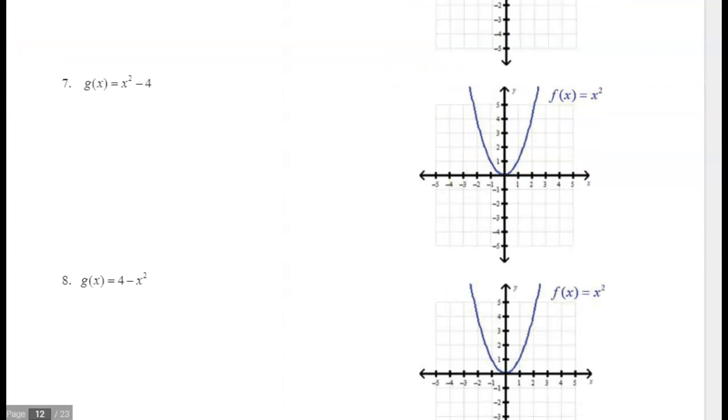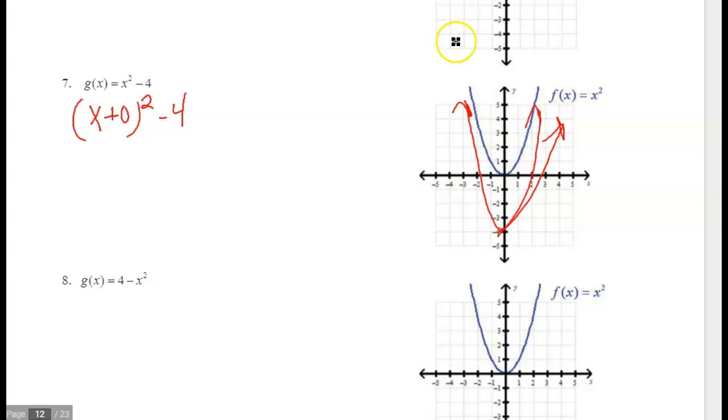Really what we have going on here is we have x plus 0 squared -4. So then you could go through and do the same thing. So this one just shifts down 4 spots, and it's the same U shape. So our transformation is down 4 spots.